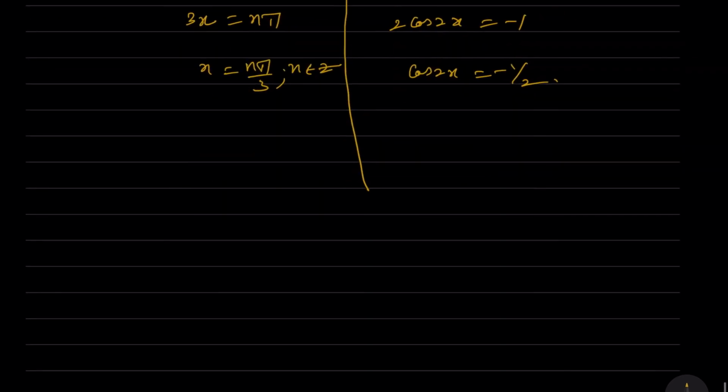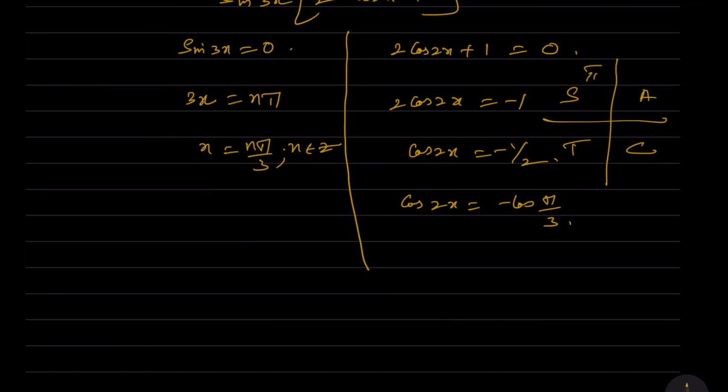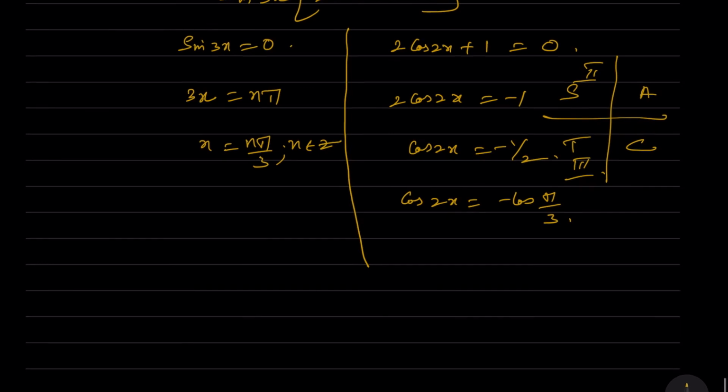Now here cos 2x is equal to minus cos of pi by 3, which is minus half. Here in which quadrant do you have cos negative? All silver tea cups. In the second and the third quadrant you have it as negative, that is pi minus theta and pi plus theta.